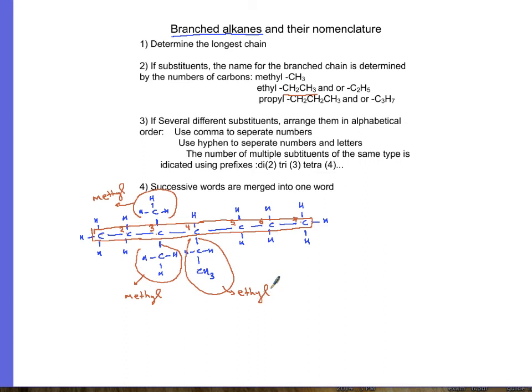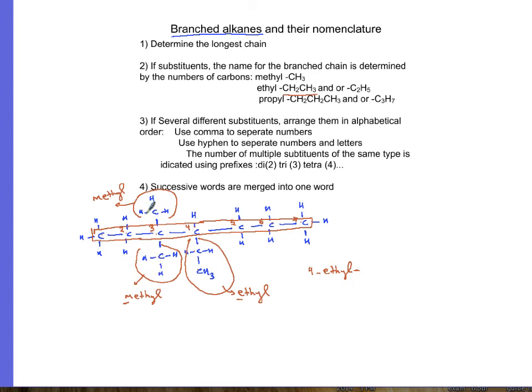Now a few things you have to respect. One is that you need to go based on alphabet, not numbers. So I have to say E before M. So I'm going to start naming as 4-ethyl. Then I'm going to put a hyphen, and then on this third carbon I have 2 identical branches.